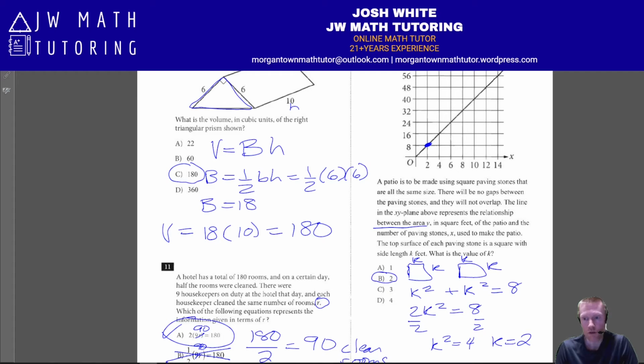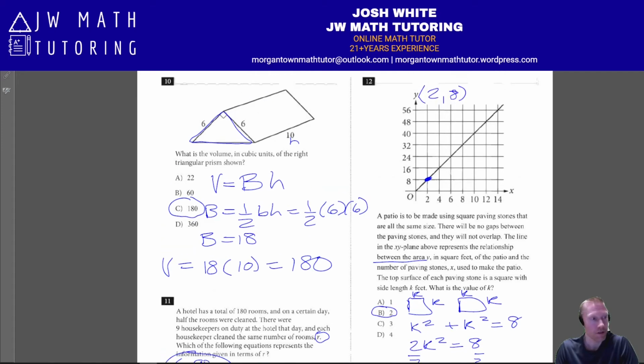Now, an alternate way you could do this, or really just a different way to think about it, is you could go through the answer choices and work it out using that. Basically, it's back solving and seeing if the answer values you get match the line. So here's what I mean. Let's say k is 1, okay? So that means each stone is 1 by 1. So the area of one stone would just be 1 square unit.